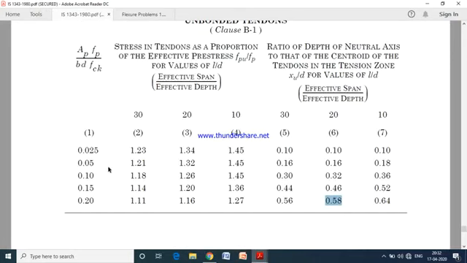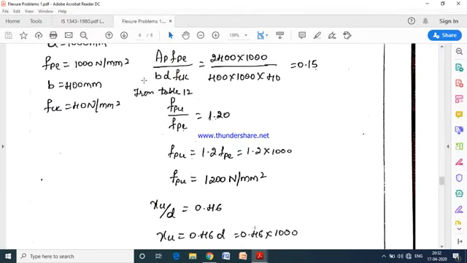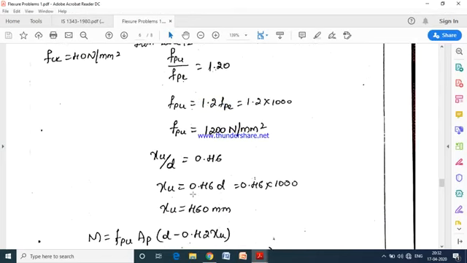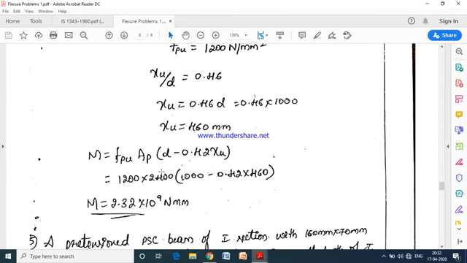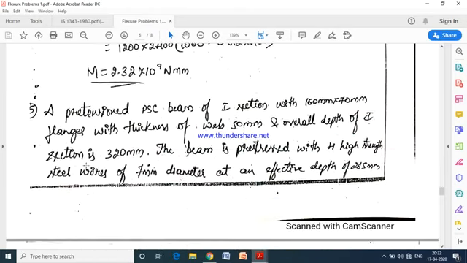Go here, 0.15 and L by D 20: it is 1.2, and for this it is 0.46. Take the same values, 1.2 and 0.46, and substituting we will get the ultimate flexural strength of the member.